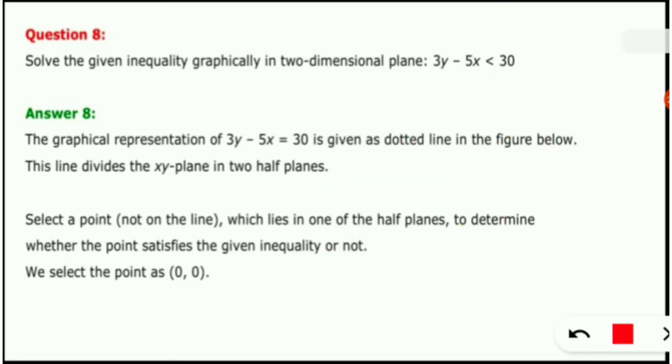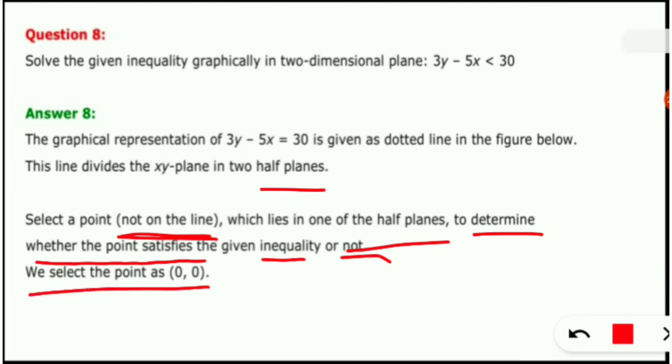After that, this line divides the xy plane into two half planes. Select a point not on the line. Remember that you can select any point, but this point should not be on the line, which lies in one of the half planes, to determine whether the point satisfies the given inequality or not.